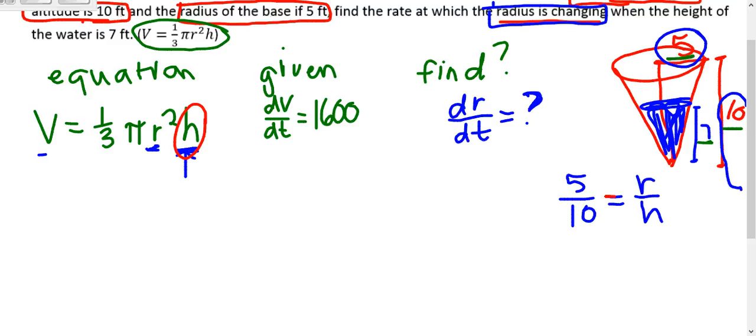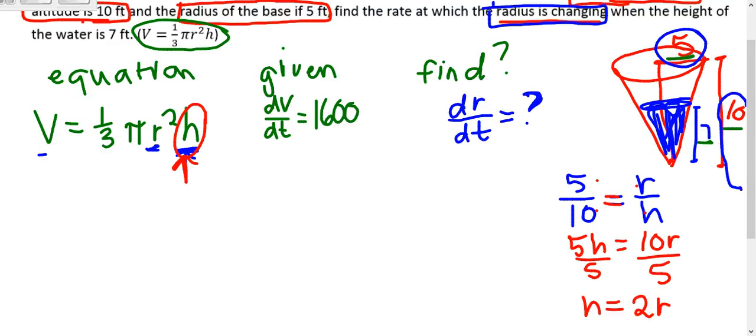Since we have an equals in the middle, you cross multiply. So 5h equals 10r. We divide by 5 because we need h equals. So we have h equals 2r. That's what goes in place of h.